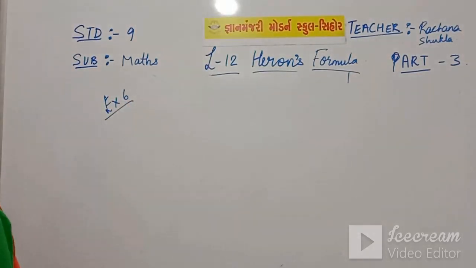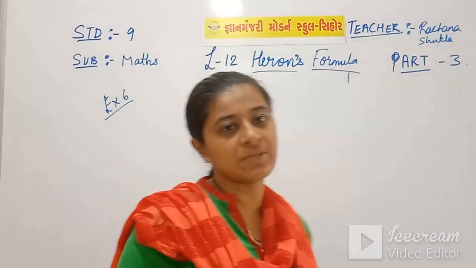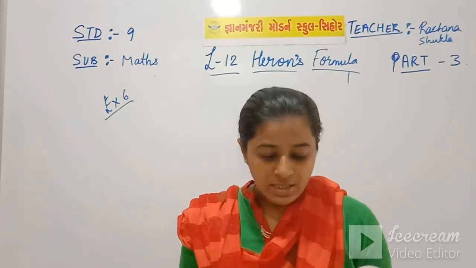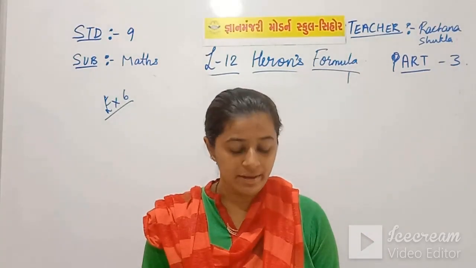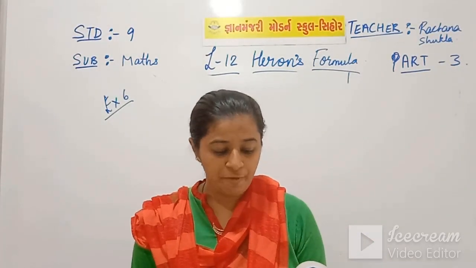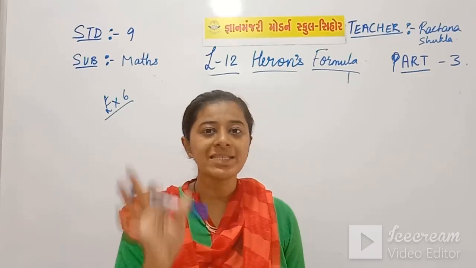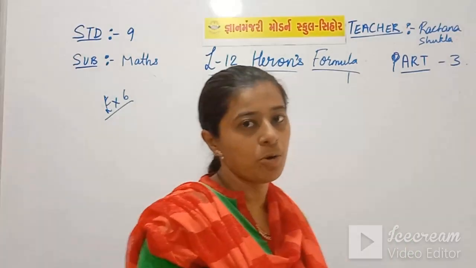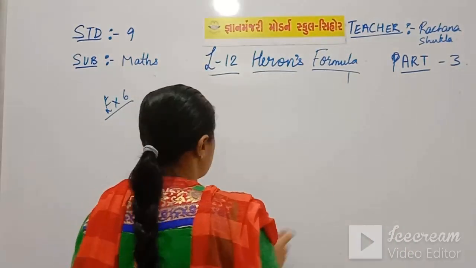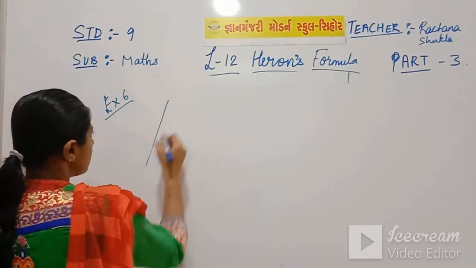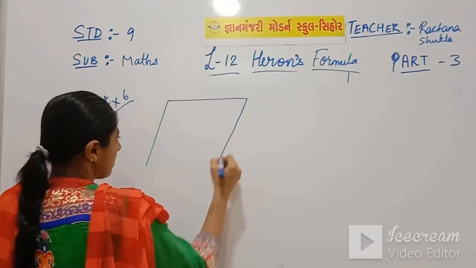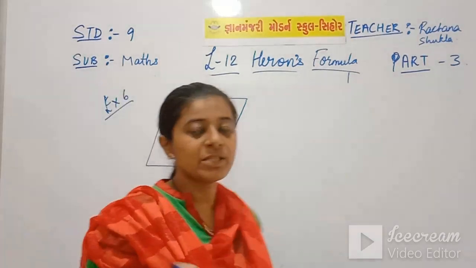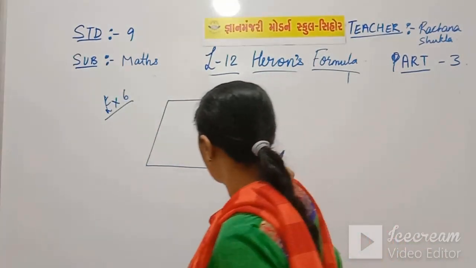I am once again reading the question from the textbook because it is a very lengthy question. The question is: Sanya has a piece of land which is in the shape of a rhombus. See, in the first line itself it is clearly stated that the figure is a rhombus. So you will draw a rhombus here. This is a rhombus, a piece of land in the form of a rhombus.